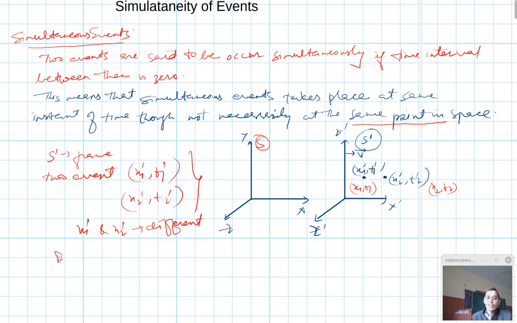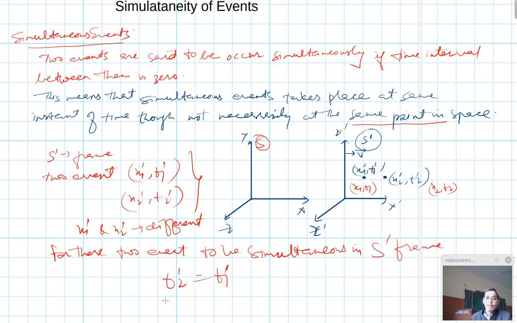But for these two events to be simultaneous in S prime frame, t2 prime must be equal to t1 prime. This is the definition of simultaneity of events, or we can say that t2 prime minus t1 prime must be equal to 0. That's the meaning of simultaneity of events.